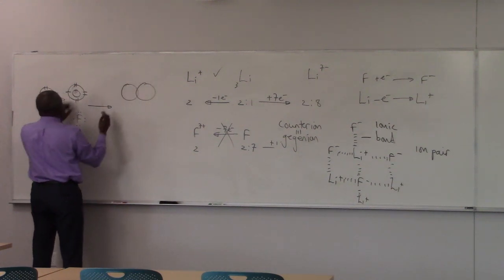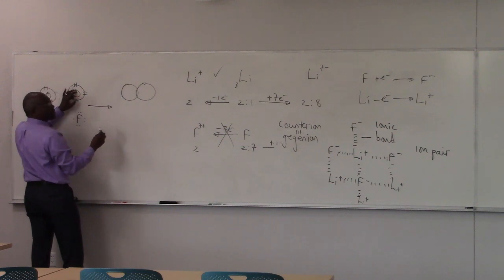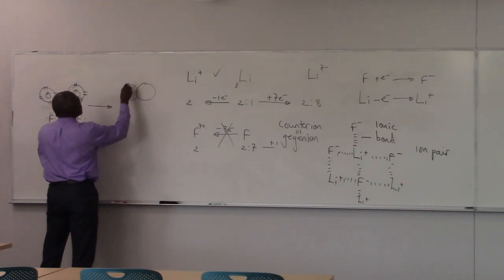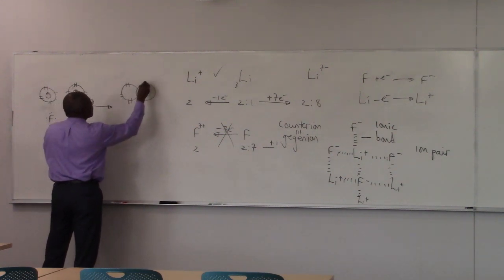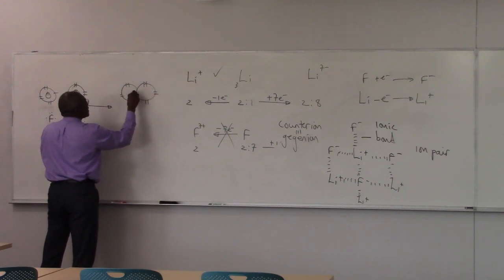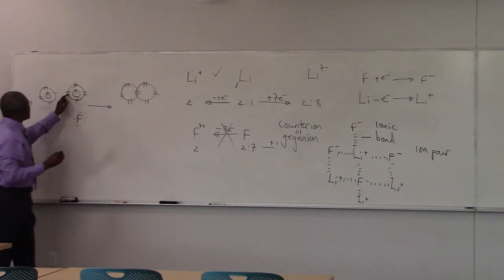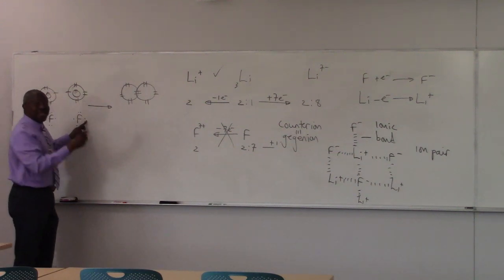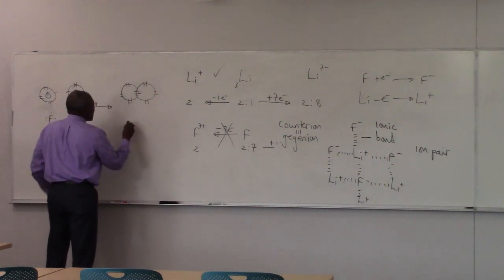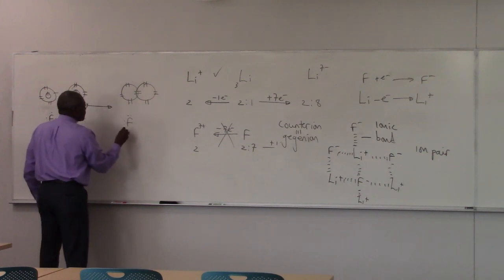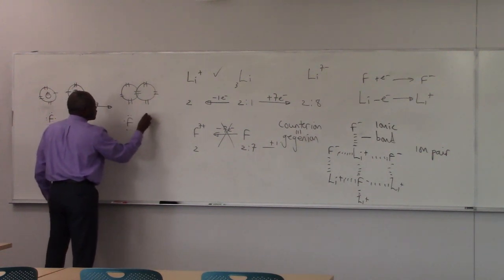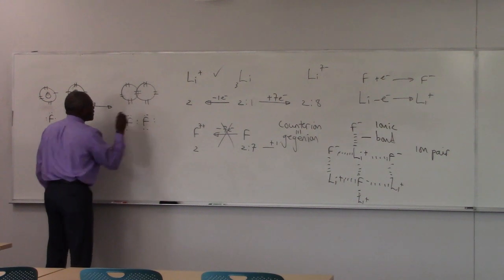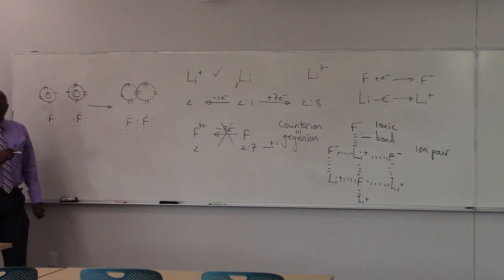For now, I'm going to ignore the valence shell, the cores, and I'll have 1, 2, 3, 4, 5, 6, 1, 2, 3, 4, 5, 6, and then 2 electrons being shared here, this one and that one. Another, equal representation: I'll have F, 1, 2, 3, 4, 5, 6, F, 1, 2, 3, 4, 5, 6, and then 2 electrons being shared between them.